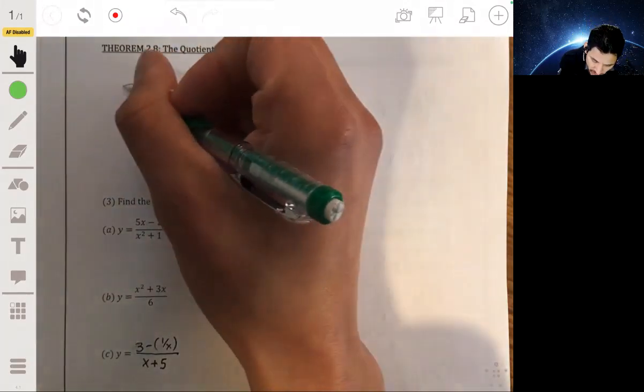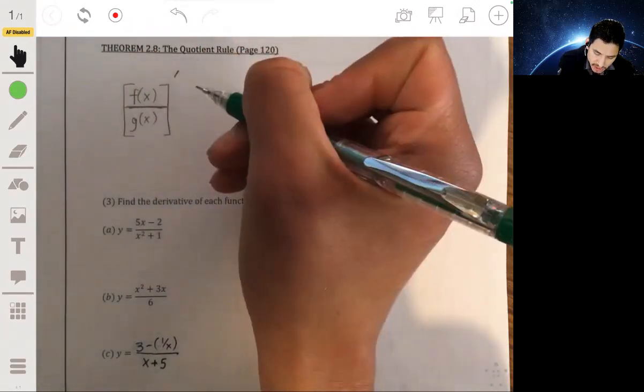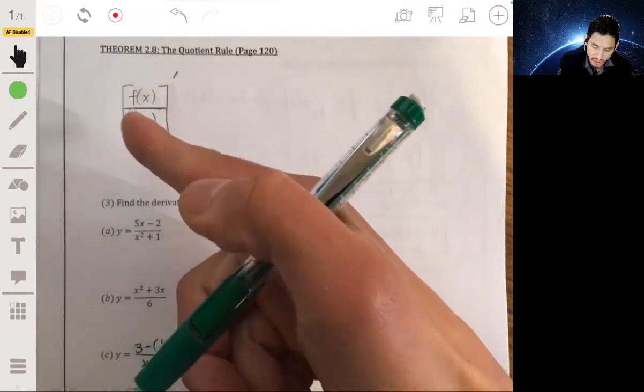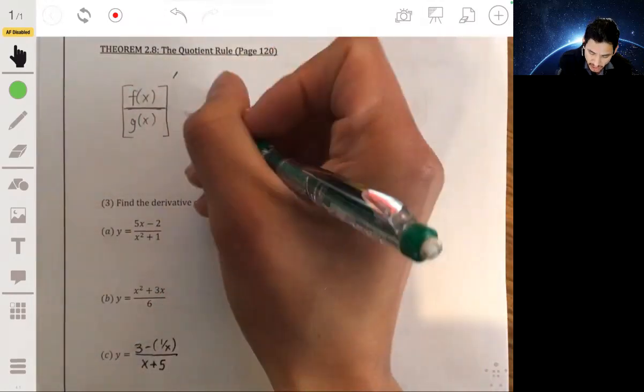So if we want to find the derivative of this quotient with respect to x, so we want to find the derivative of f of x over g of x. Remember, this is a symbol for differentiating, or the derivative, shorthand.